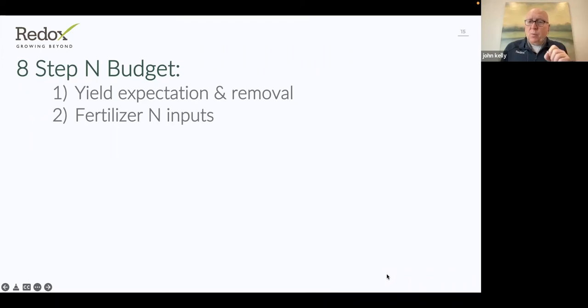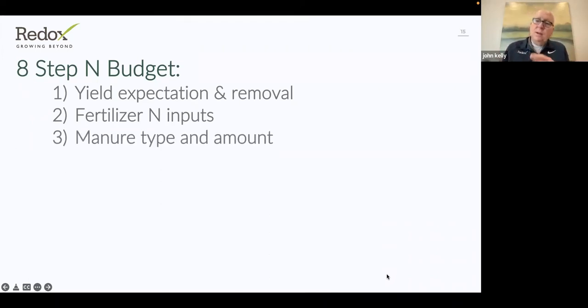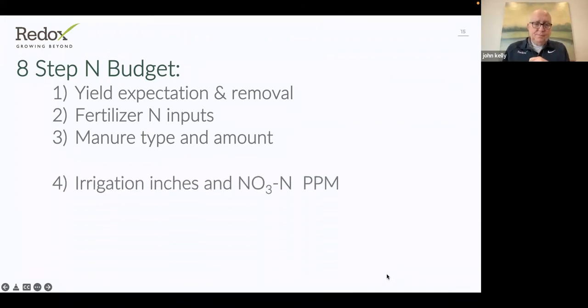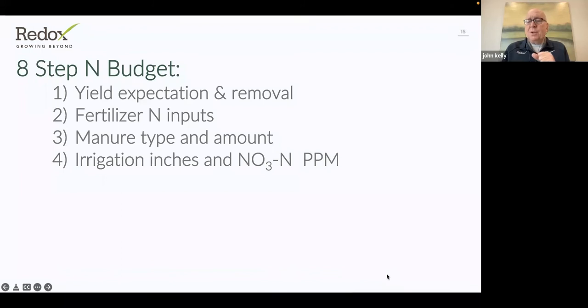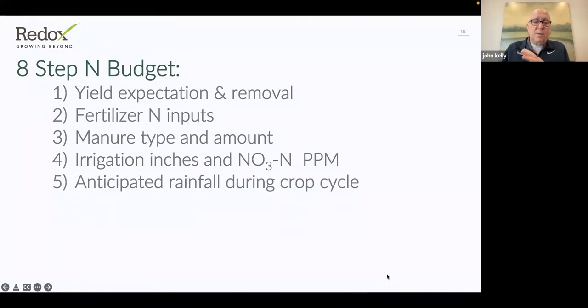But step 1, step 2, step 3: if there's any manure applied, determine the amount and the type. You determine how much irrigation you expect to use, and if you know the nitrogen number from that in parts per million, you can determine that. And then it's also beneficial to know your anticipated rainfall during the crop cycle.